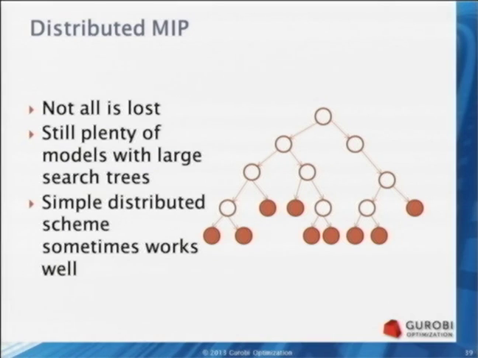The best known approaches to solving these problems require you to just plow through hundreds of thousands or millions of nodes. And so I just wanted to say that this simple distributed scheme, this embarrassingly parallel aspect of MIP, sometimes works.